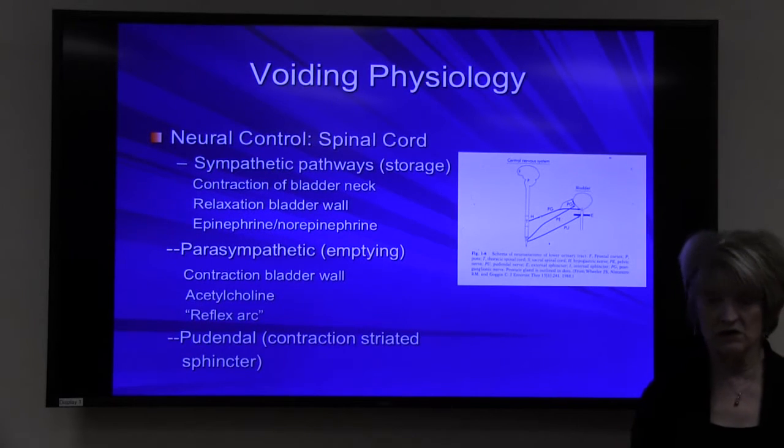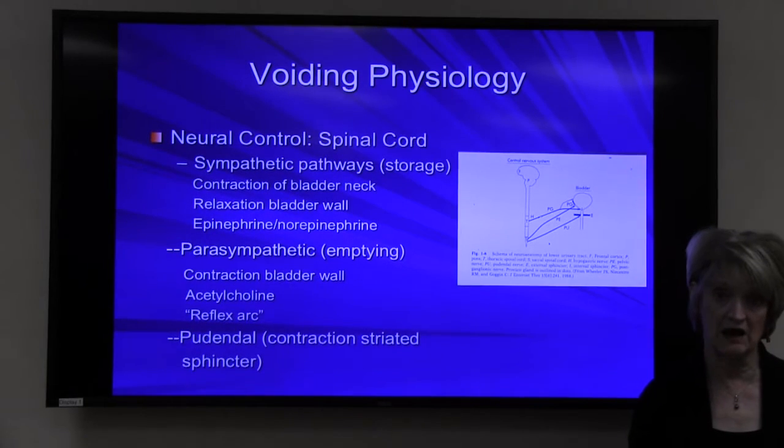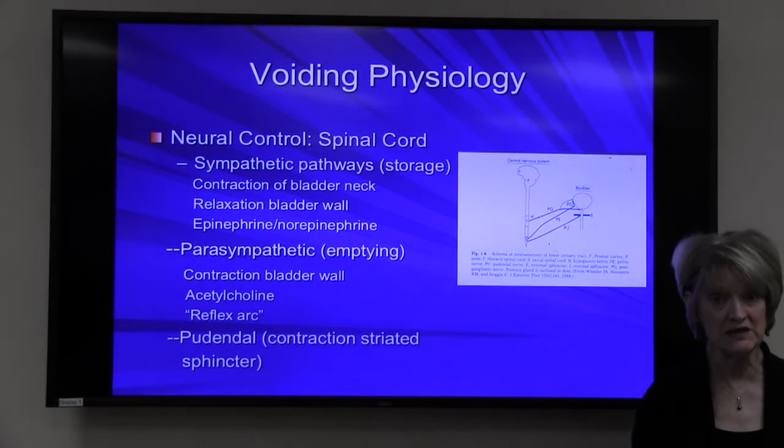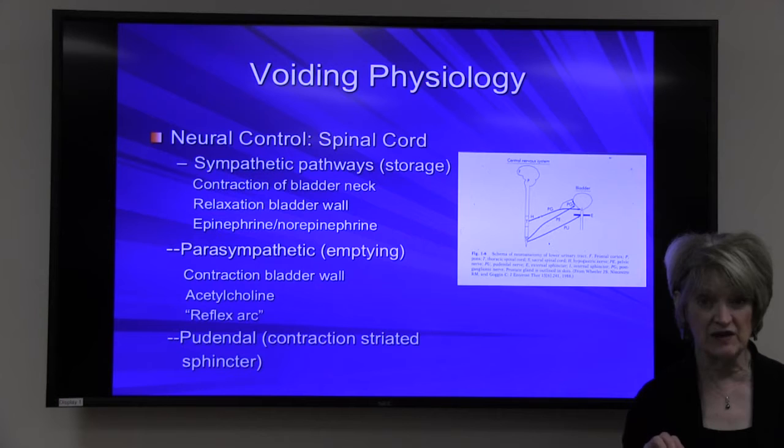Now, in a little while, we're going to talk about medications that are used to help manage voiding dysfunction and incontinence. And you can see that if we had a medication that effectively reproduced the effects of the sympathetic nerve pathways during the storage phase, it could promote continence.